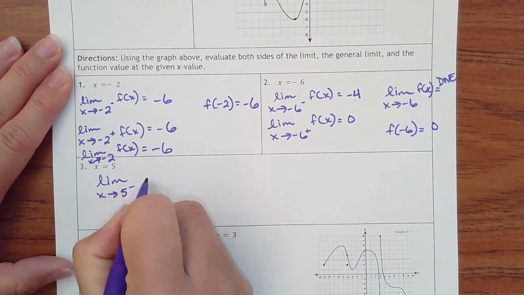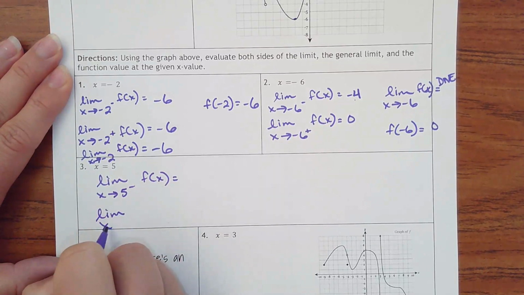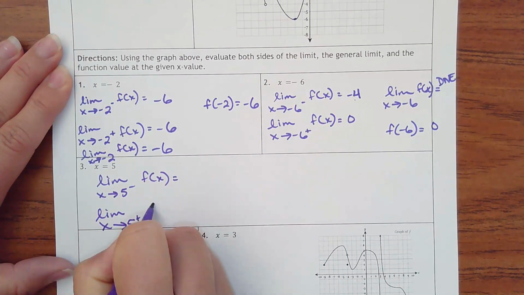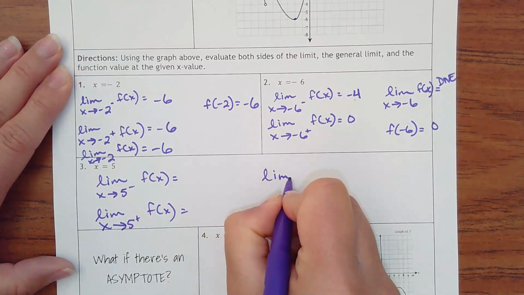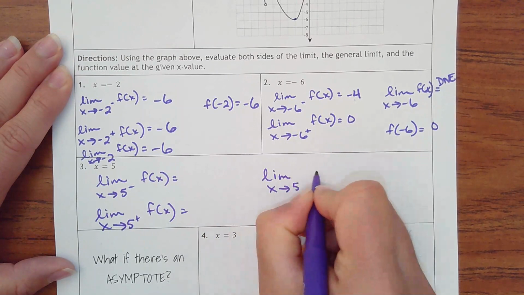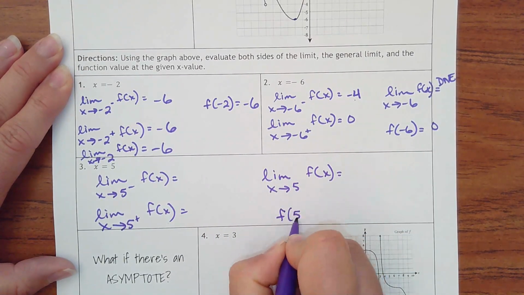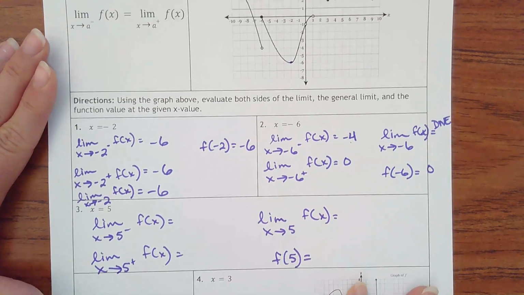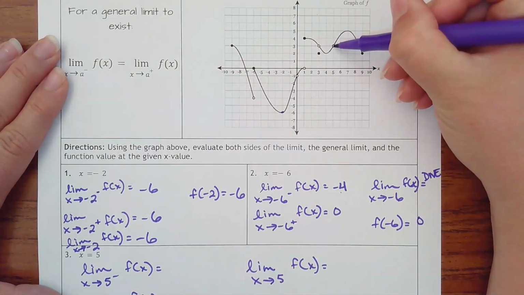So we'll go from the left, go from the right, and then the general. And then we'll find the function value at x is 5. All right, 5 is right here. See, there's a hole.